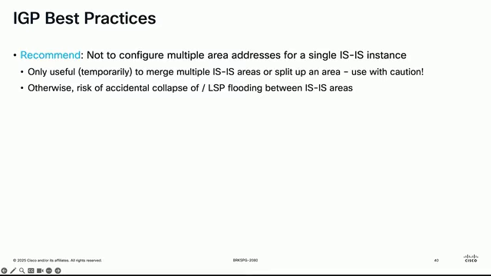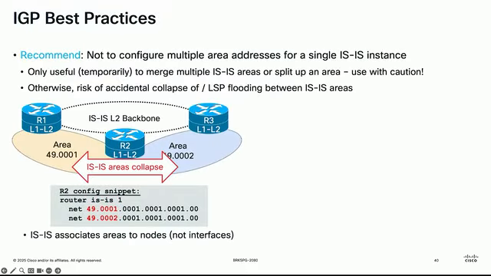And so similarly, we see this type of scenario happen most often when customers are migrating from OSPF to ISIS, right? And this happens because of the differences in the way ISIS and OSPF handle areas, right?